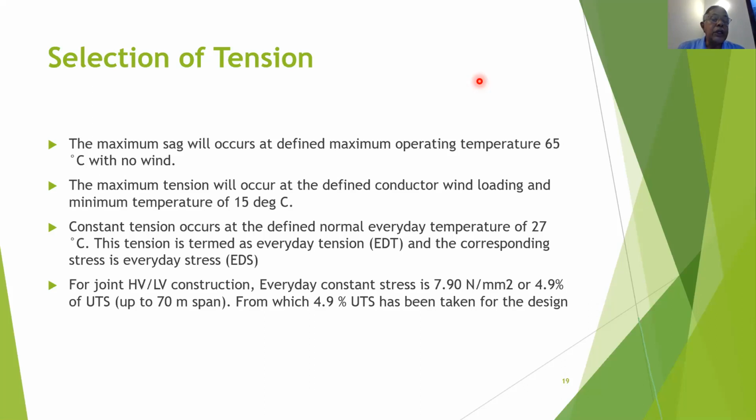The constant tension occurs at the defined normal everyday temperature of 27 degrees. Everyday temperature is taken in India as 27 degrees, and in Sri Lanka as 32 degrees. What is everyday temperature? It is the ambient temperature that the transmission line we are designing is going to face most of the time in its life.